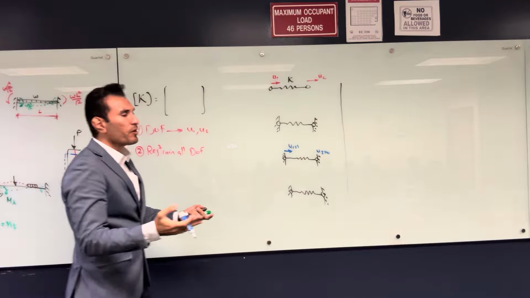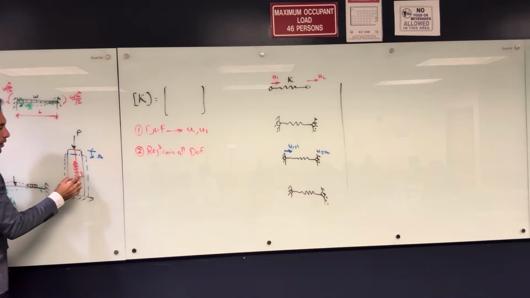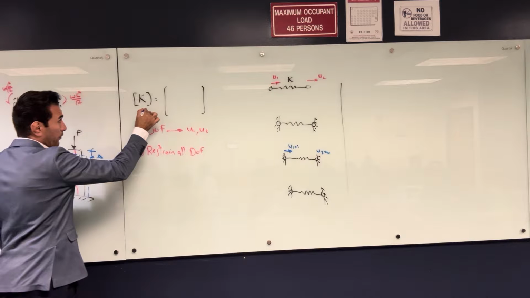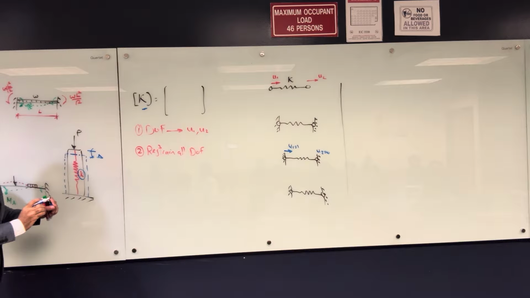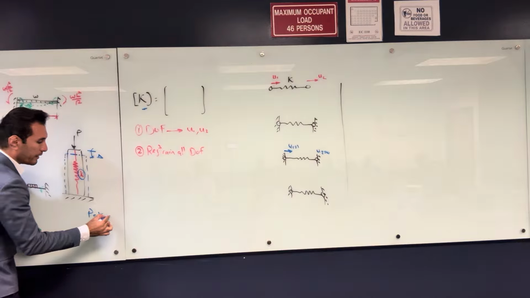Why do I do this? I'm going to tell you why I'm doing all that. I don't know what the value of K is, right? That's what I want to find out. The thing is, we manipulate the whole thing a little bit. I know that F equals K multiplied by delta.